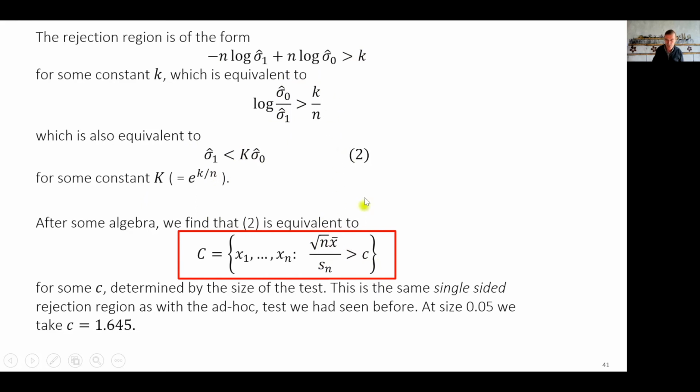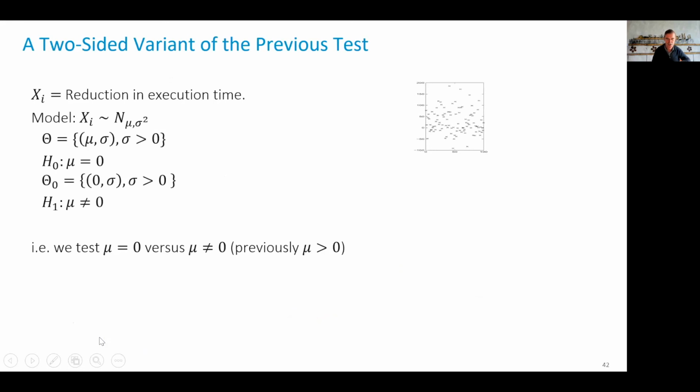In other words, we have seen that the likelihood ratio test here is exactly the same test as we have done before by heuristic means. In particular, we will have the same value C if we want to have a 5% size of the test.